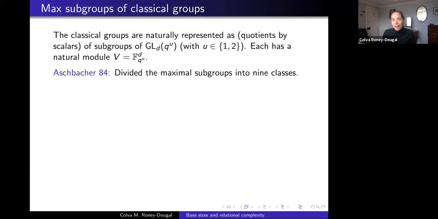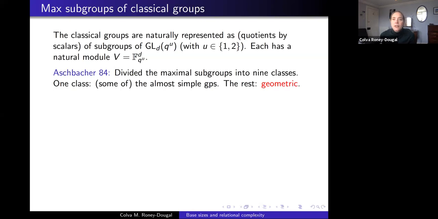And just like me not telling you the O'Nan-Scott theorem, most of the classes come with quite a precise structure and action. And then there's one class, which is the almost simple groups. So we keep having this problem that we get these lovely classifications, but one of them is all the stuff we've been trying to classify in the first place. But of course, it's now a proper subgroup of the stuff we were trying to classify at this point. And so once again, one can hope to bootstrap.